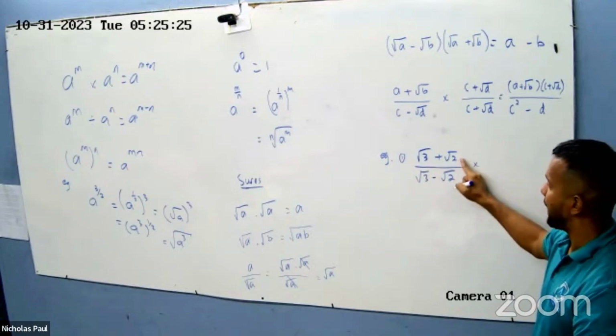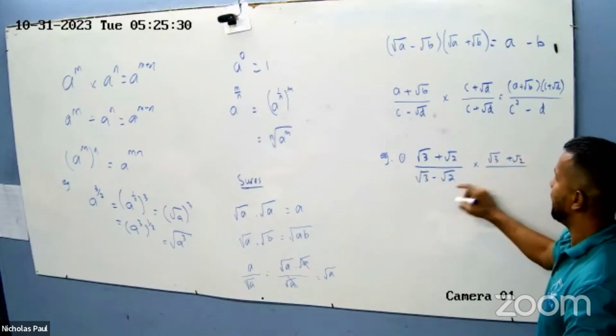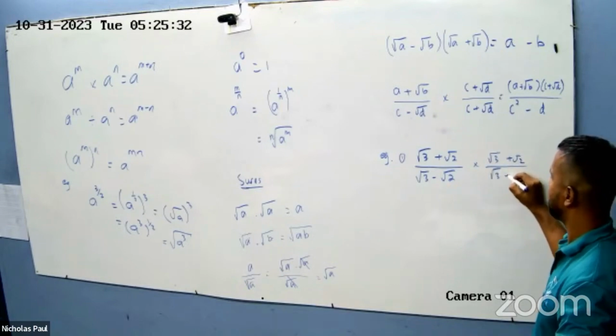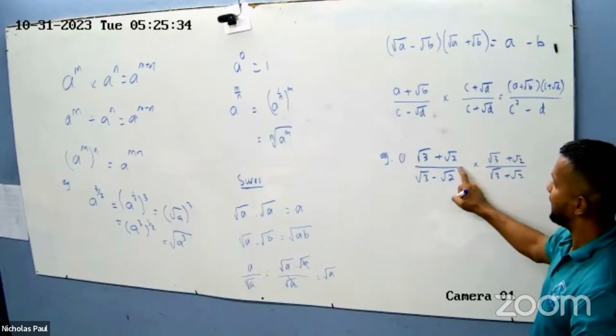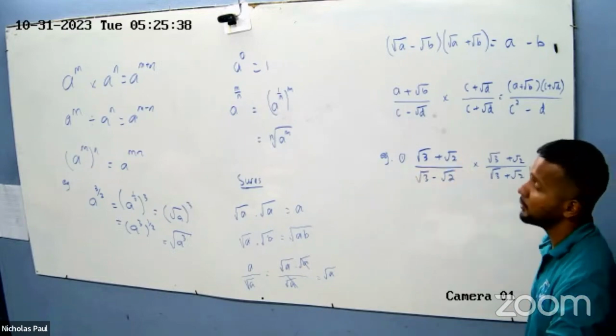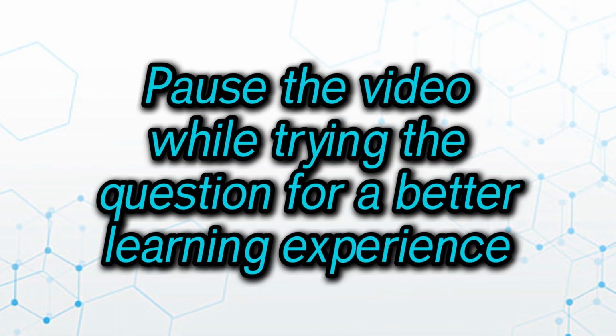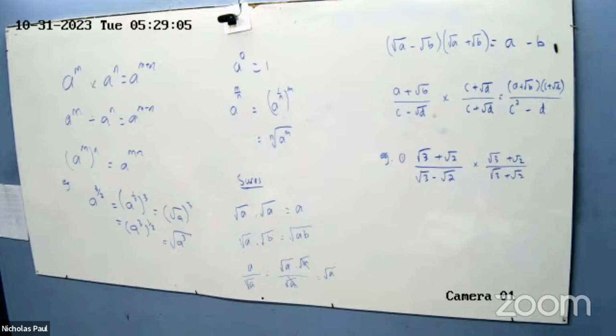So you're multiplying the numerator by the conjugate and the denominator by the conjugate. Let's see what we got.